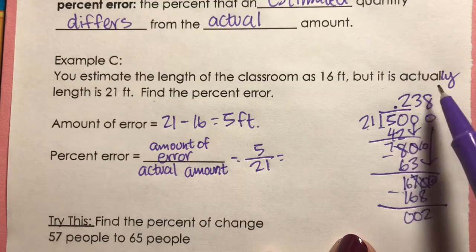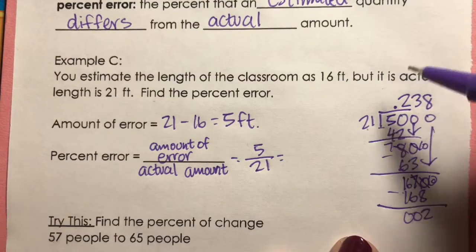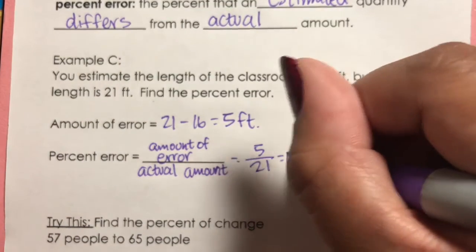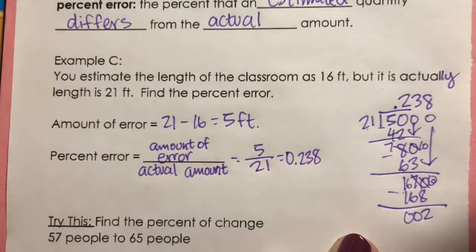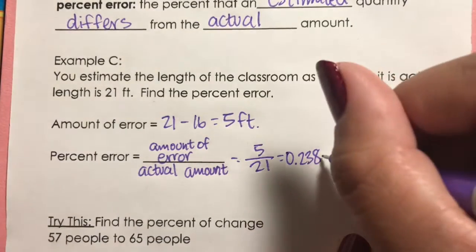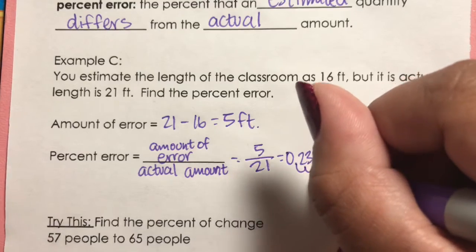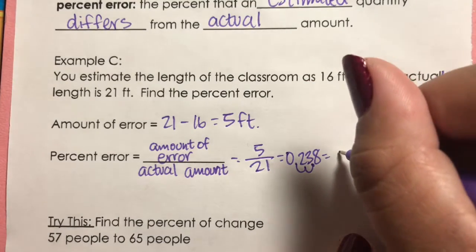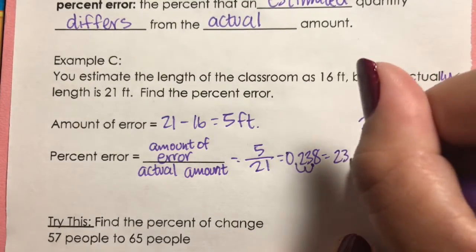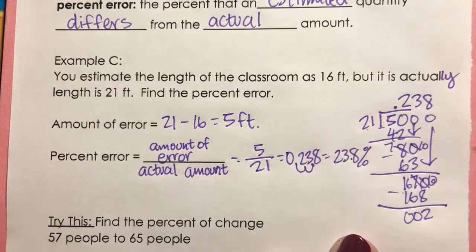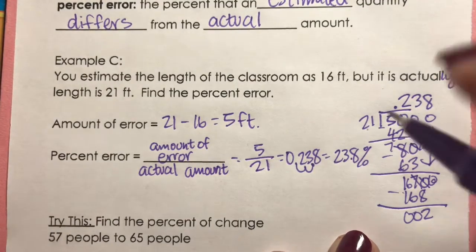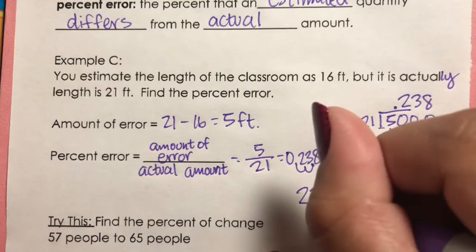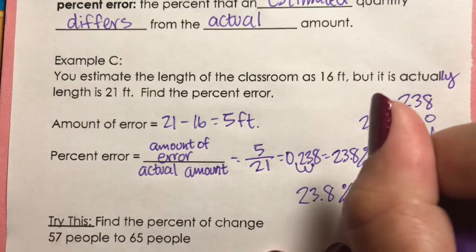Okay, so that's how you would get that. But I'm going to stop right there, and I'm going to put 0 and 238 thousandths, or the percentage, again, you got to move the decimal 2 times to the right, is 23.8, or 23 8/10%. I'm going to write that a little bit bigger so you can see that.